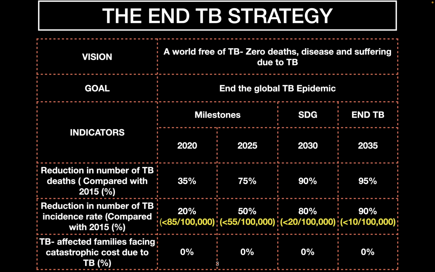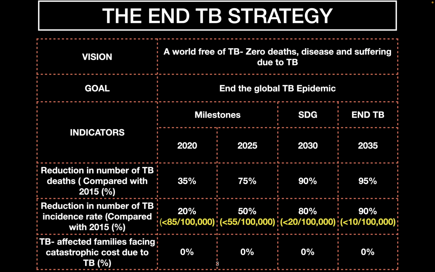So what they have done is 2015 was considered as the baseline, and from there I want to reduce by 35% in 2020, 75% in 2025, 90% in 2030, and 95% by 2035, where the End TB strategy ends. The SDGs end in 2030. So for the SDGs it is 90%, for the End TB strategy it is 95% in 2035. So 35, 75, 90, 95.